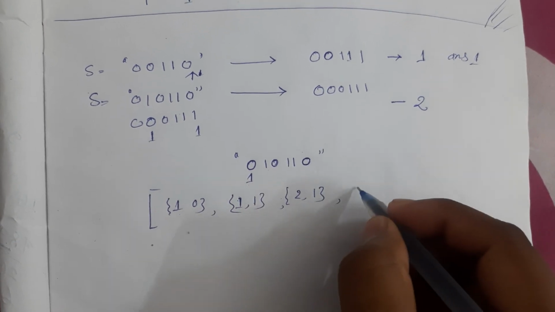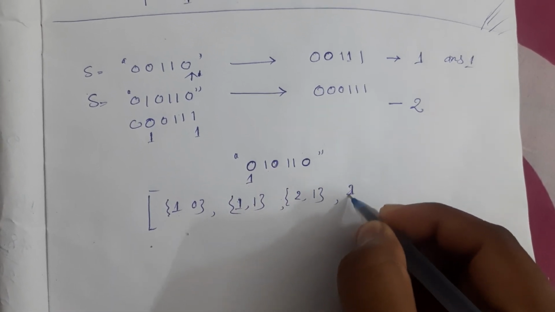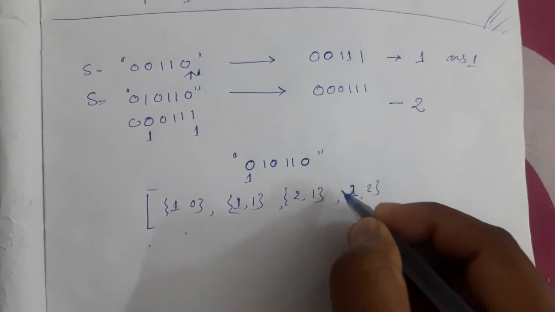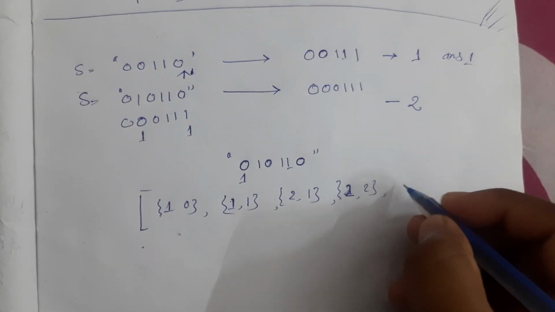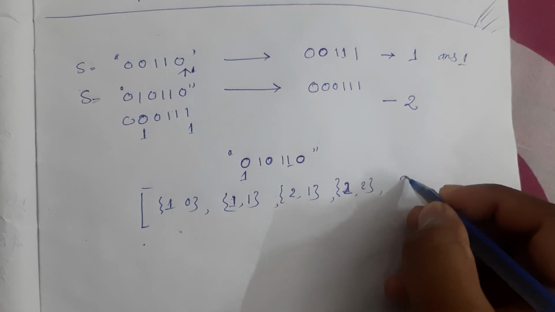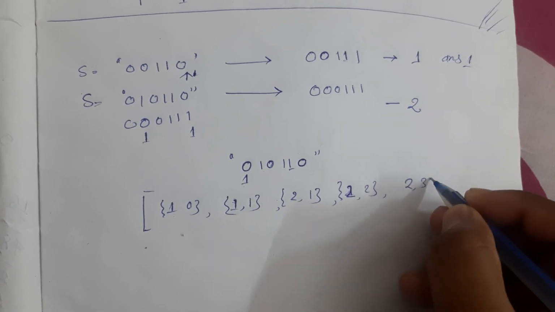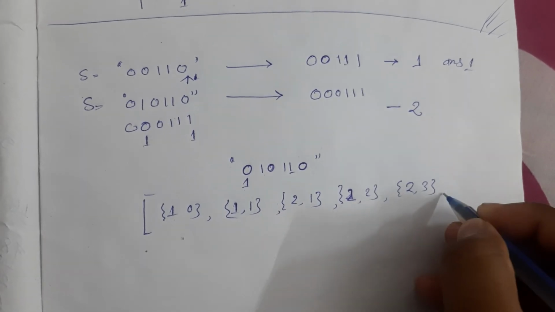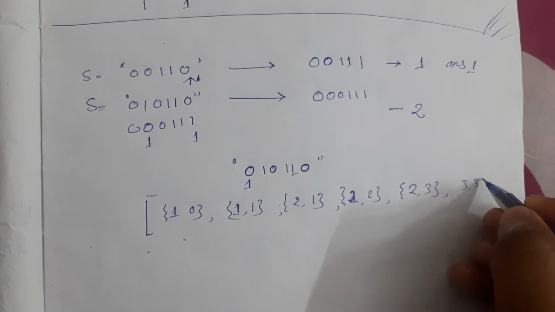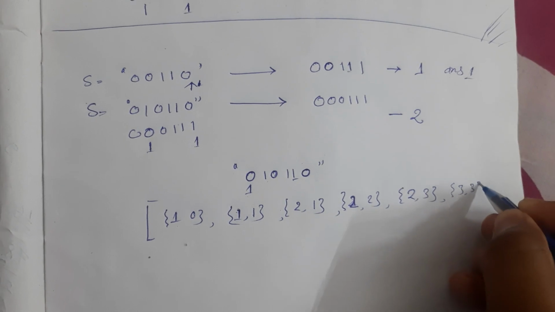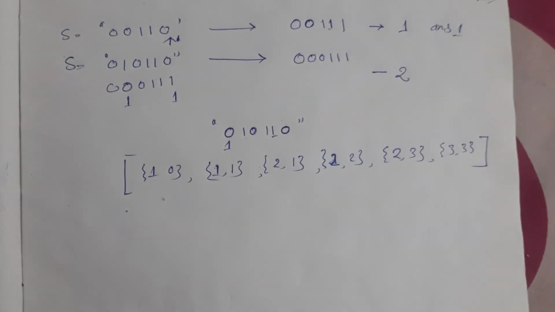In the fourth position it is 2 and 2, and in the fifth position 0 is 2 and 1 is 3, and in the last position 0 is 3 and 1 is also 3. So this is the front array.